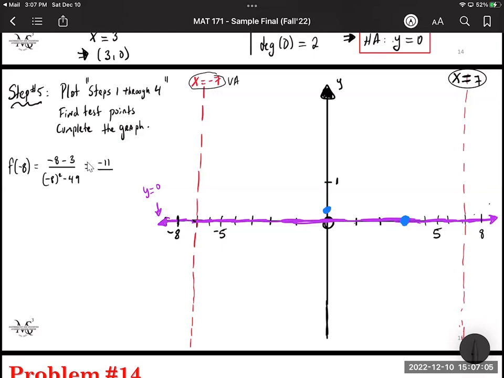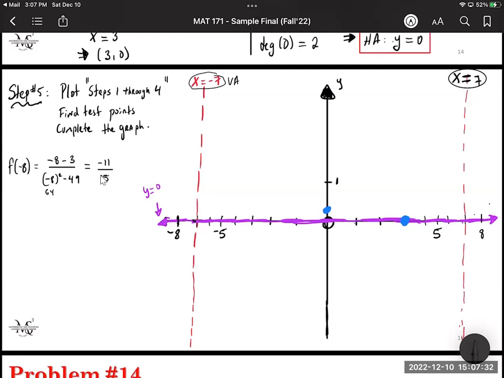And if you look at your denominator, it's -8 squared. So what's -8 squared? 64. 64 minus 49 is 15. There you go, Yasmin. You get 15.